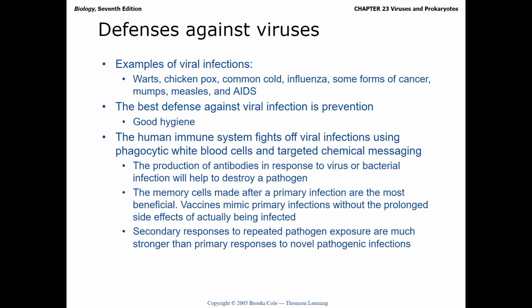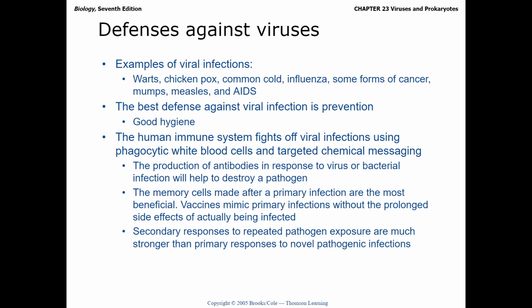Our body can even create memory cells. And memory cells for an infection, viral or bacteria, are primarily made after a first infection and help a second infection by the same virus or bacteria help us treat it a lot faster.